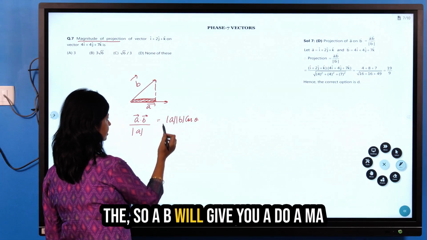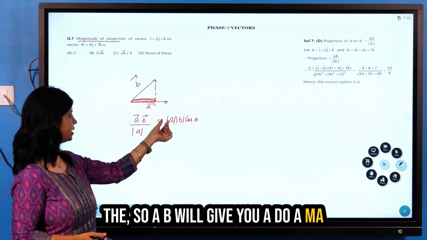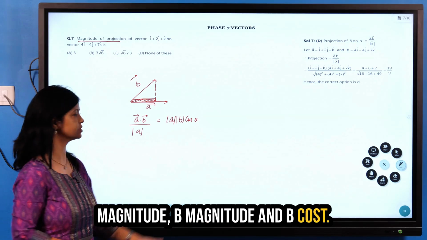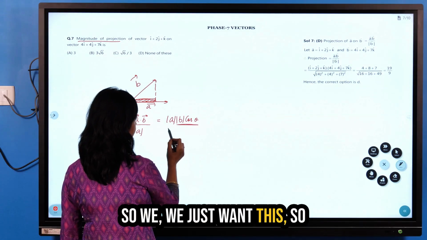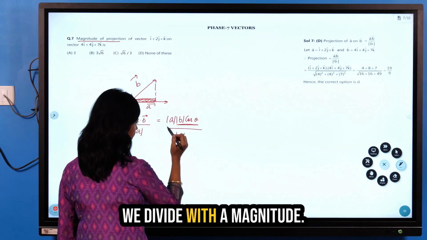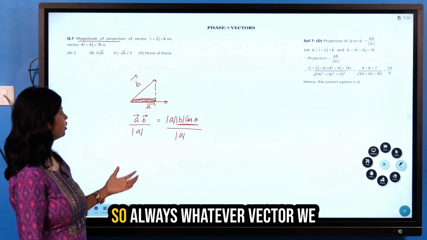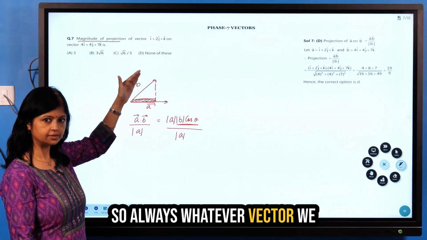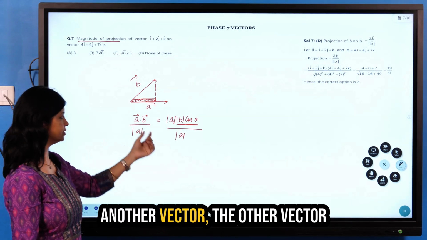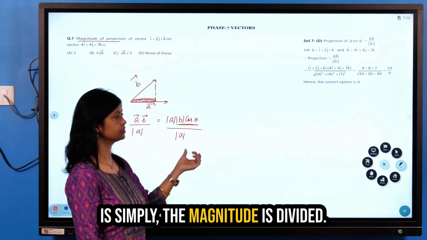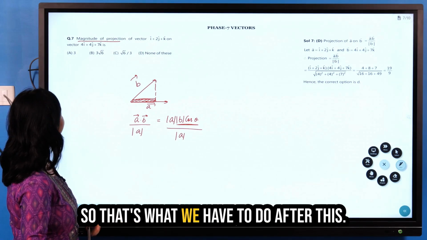So A dot B will give you magnitude A, magnitude B, and cos theta. So we just want this, so we divide with A magnitude. So always, whatever vector we want to find the projection on another vector, the other vector's magnitude is divided. So that's what we have to do.